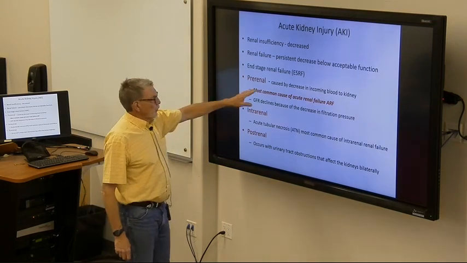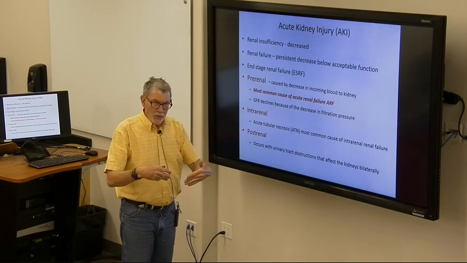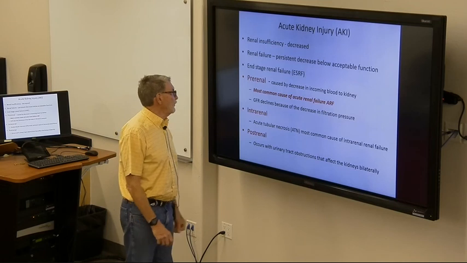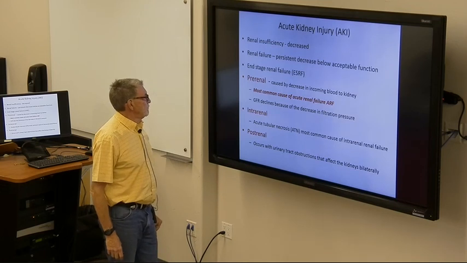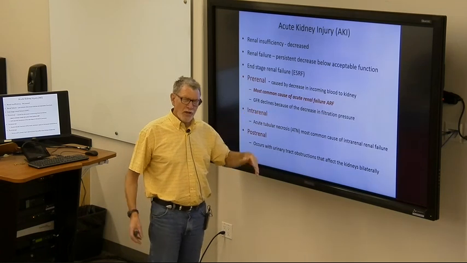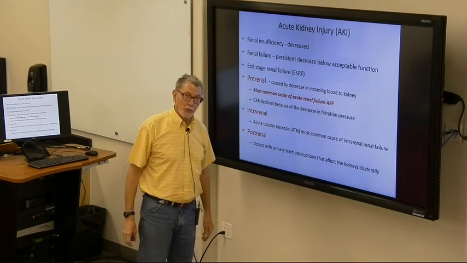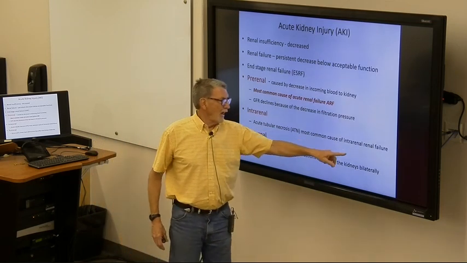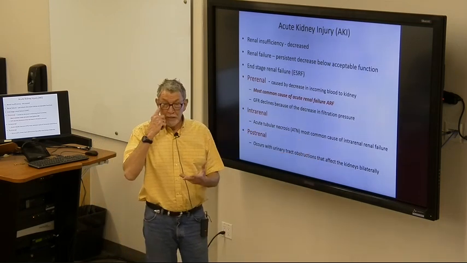A pre-renal problem is the inflow to the kidney is blocked or somehow compromised. GFR, filtration rate, declines because you have less blood to filter. Intrarenal is a problem inside the kidney itself.